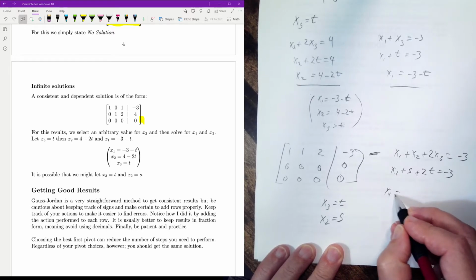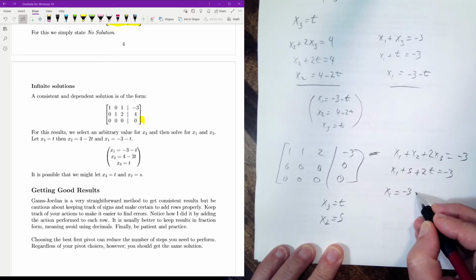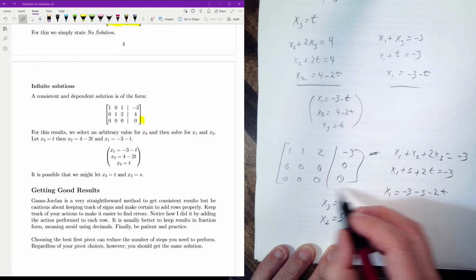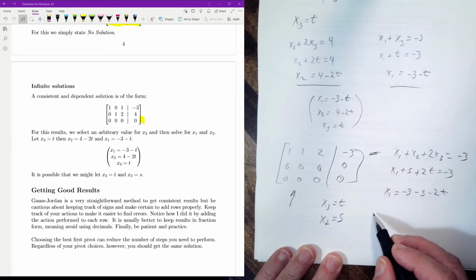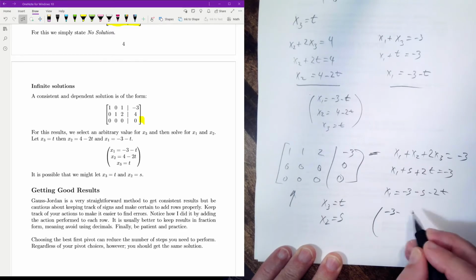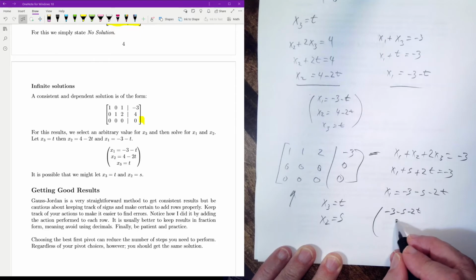So x1 equals minus 3 minus s minus 2t. So our solutions for this matrix would be minus 3 minus s minus 2t, s, and t.